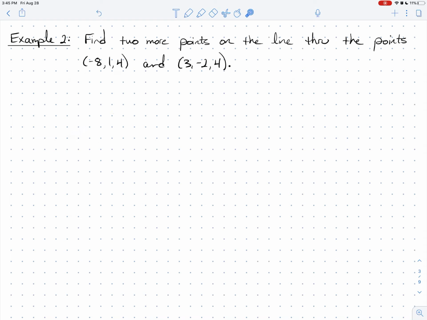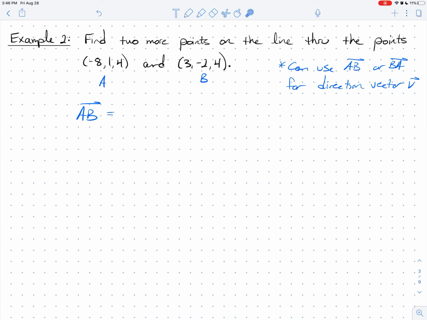You can use either direction. It doesn't matter whether you go this way or the other way. Let's think of this point as A and this point as B. You can use AB or BA for the direction vector V. I'm going to use AB.